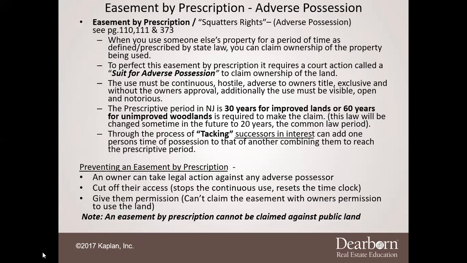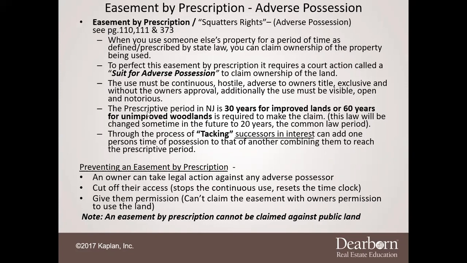And then we have the easement by prescription, which we went over in chapter 20 as well. Remember with adverse possession, the squatter's rights? If you're using someone else's property for a period of time as defined by law, you could claim ownership of that property if that use is continuous, hostile, adverse to the owner's title, exclusive, and without the owner's approval.